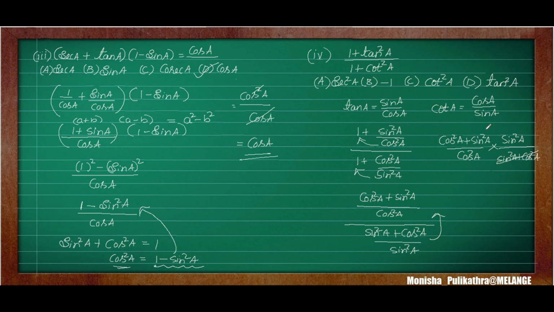Here these two are the same and get cancelled. The remaining will be sin square A by cos square A. We know that sin A by cos A is tan A, so sin square A by cos square A will be tan square A. So the answer is tan square A, which is the D option. I hope you understood this.